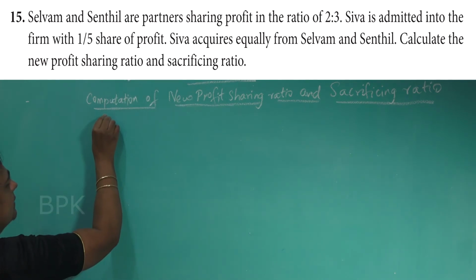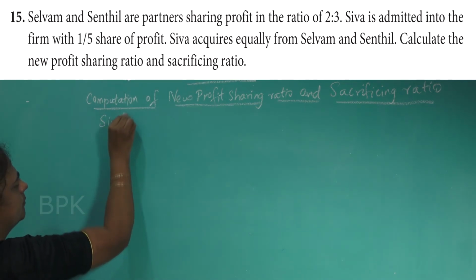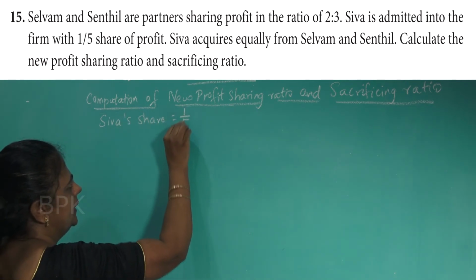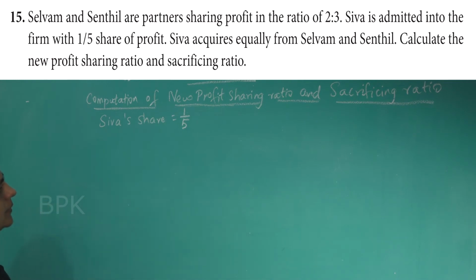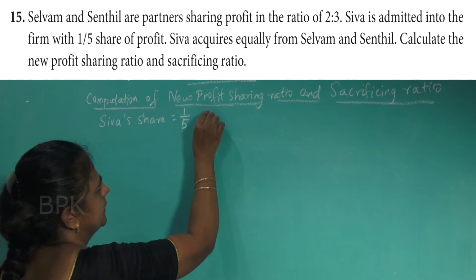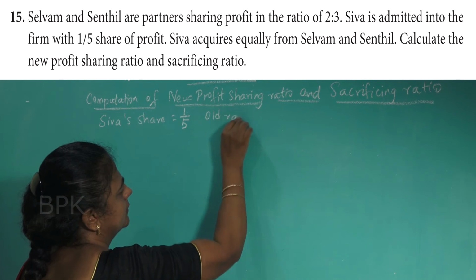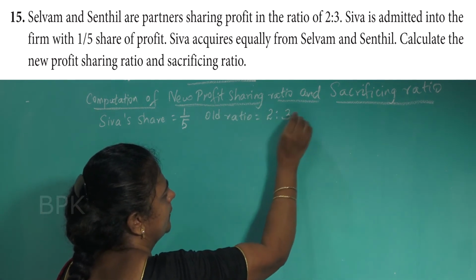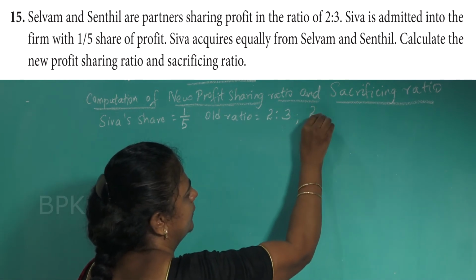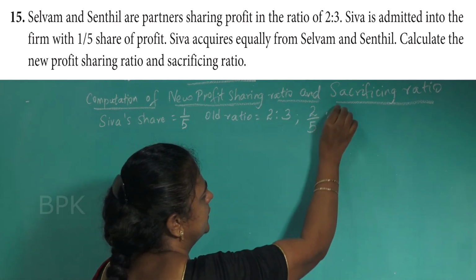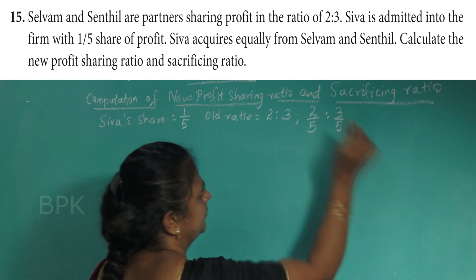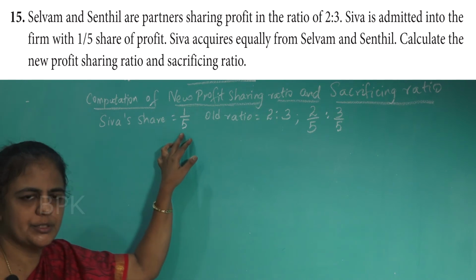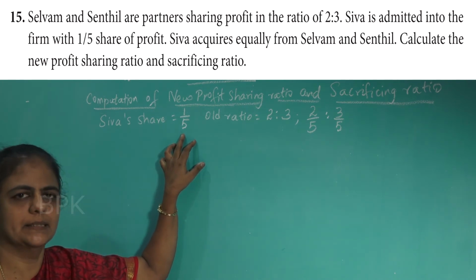Siva is the new partner. Siva's share is equal to 1 by 5. Old ratio is given, 2:3, that can be written as 2 by 5 : 3 by 5. This share 1 by 5 he is going to acquire from both the old partners equally.